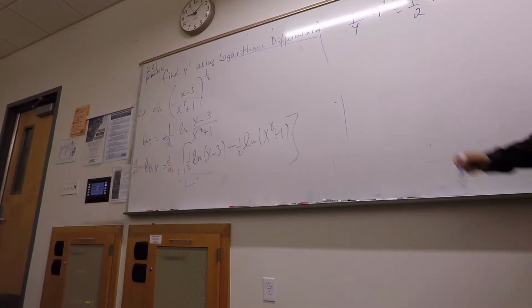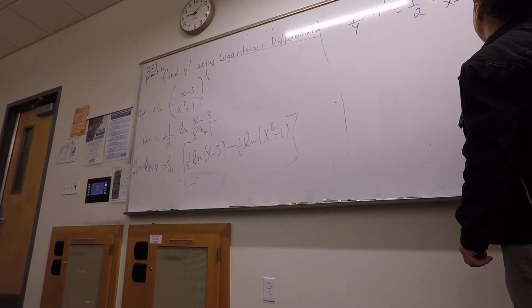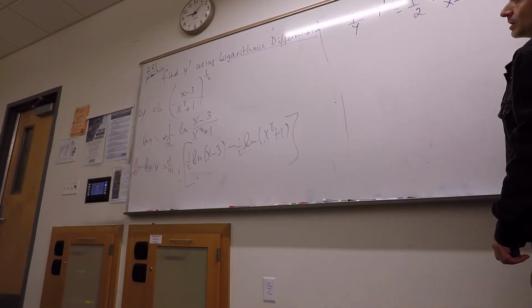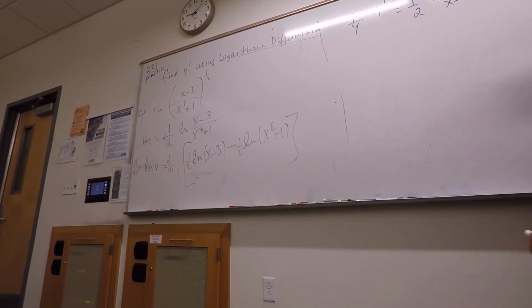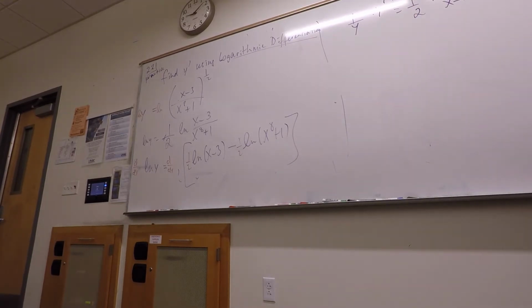It's 1 over x minus 3 times 1, the derivative of the inside. And how about the other one? 1/2 of 1 over x to the 8 plus 1, times the chain rule, the derivative of the inside. Questions?